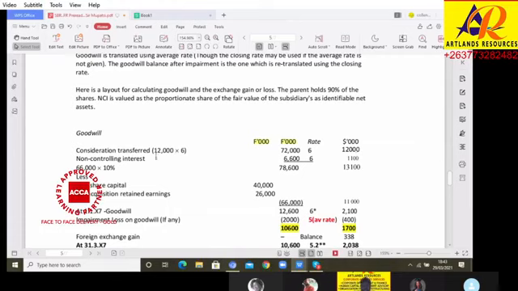So what you then have to do is calculate goodwill first in foreign currency. In this case, they just say F1000 for foreign currency. It is calculated as before, and goodwill came out to be 12.6, as you can see here.